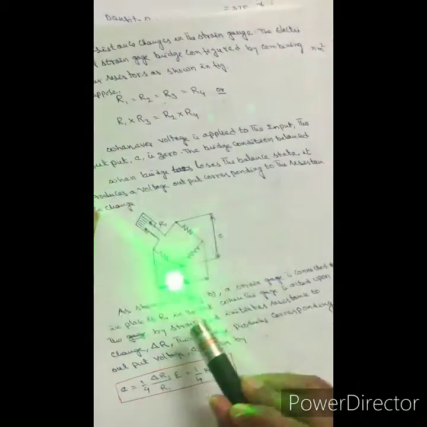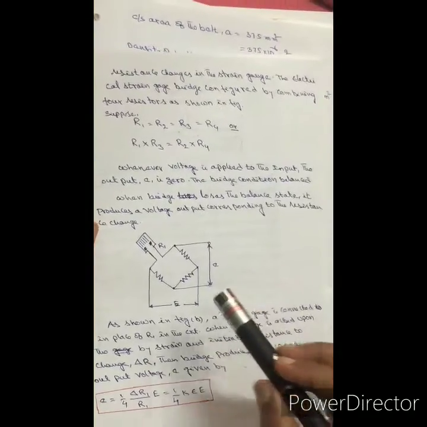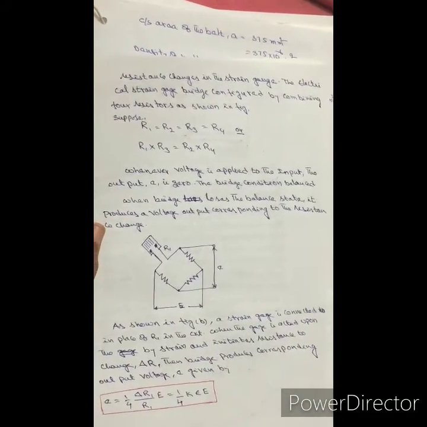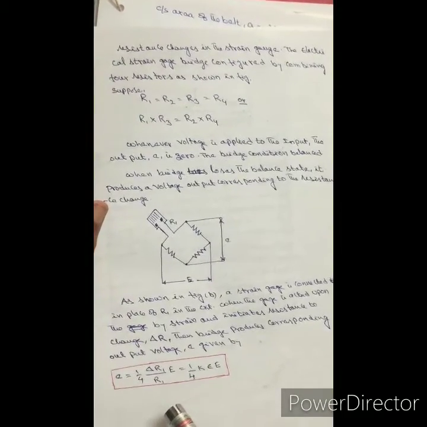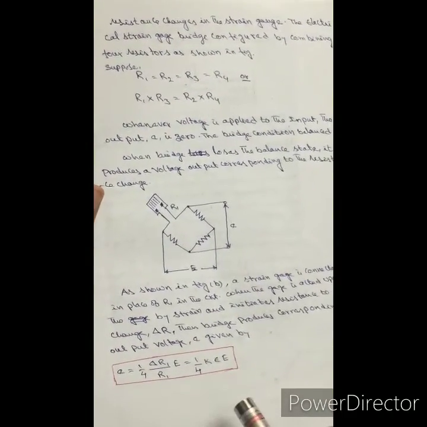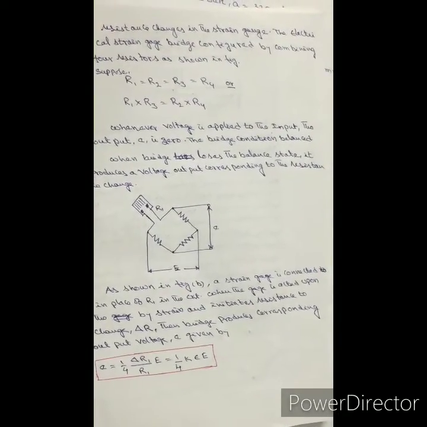The output E we measure there. We have one equation: 1 by 4 into delta R1 by R1 into E, which is equal to 1 by 4 into K into epsilon into E.